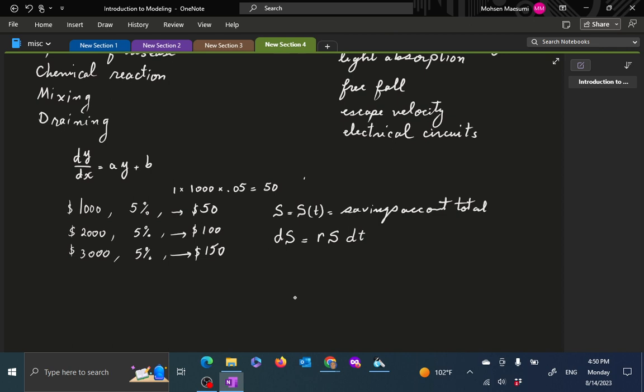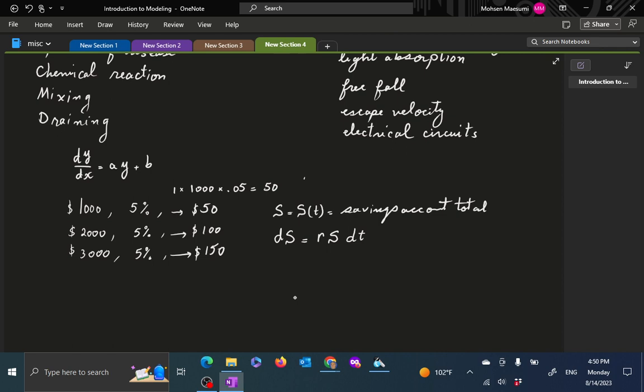So the issue of continuous compounding refers to the situation that you leave your money in an account for a little bit, your account grows, and then you go back to the bank and say, look, my money has grown, and now I want you to use my latest total for calculating the next interest that you're going to pay me.